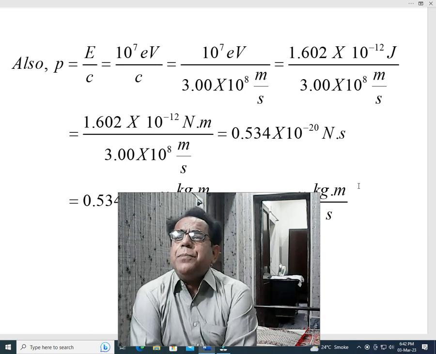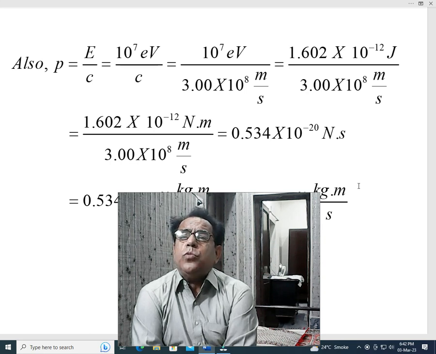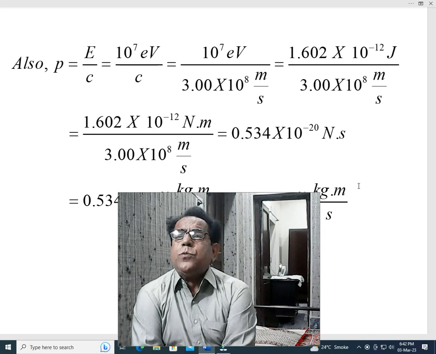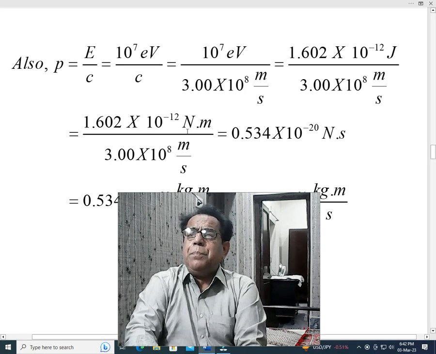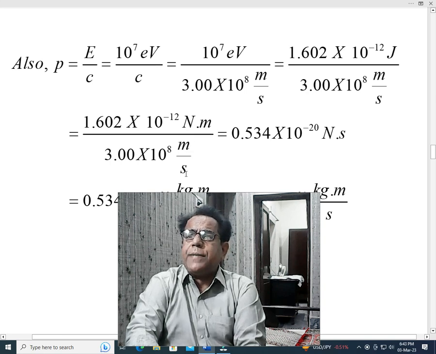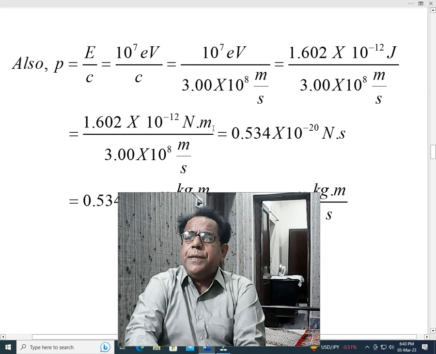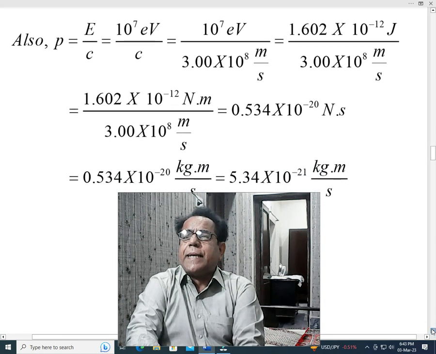Meter cancels with meter, and we get newton second: 0.534 × 10^-20 newton second.